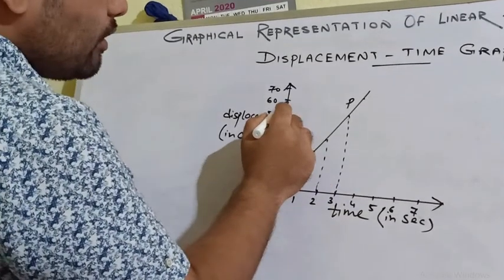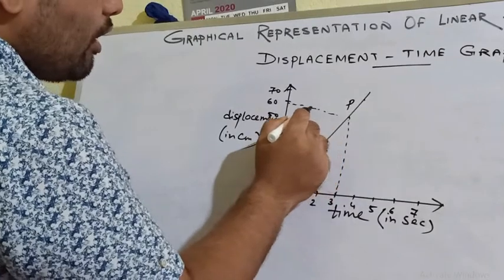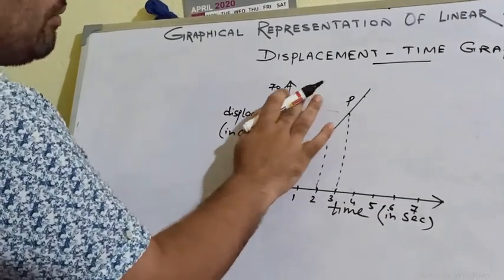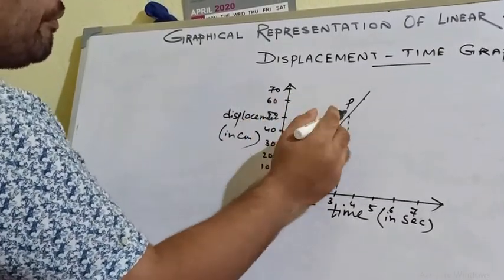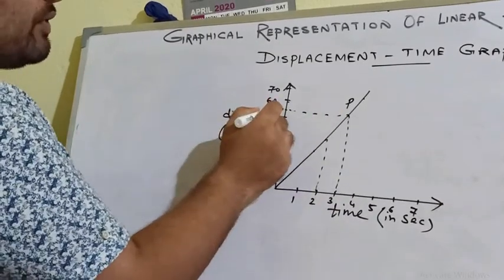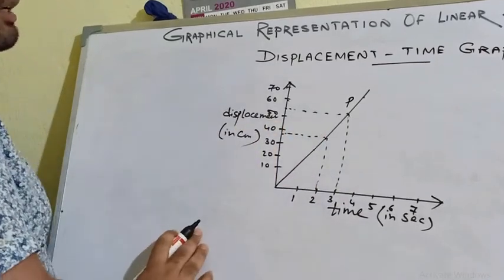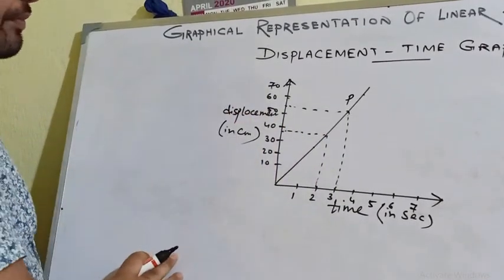Now if I draw normals to the other axis, suppose one is touching 55, and the other is touching 35.